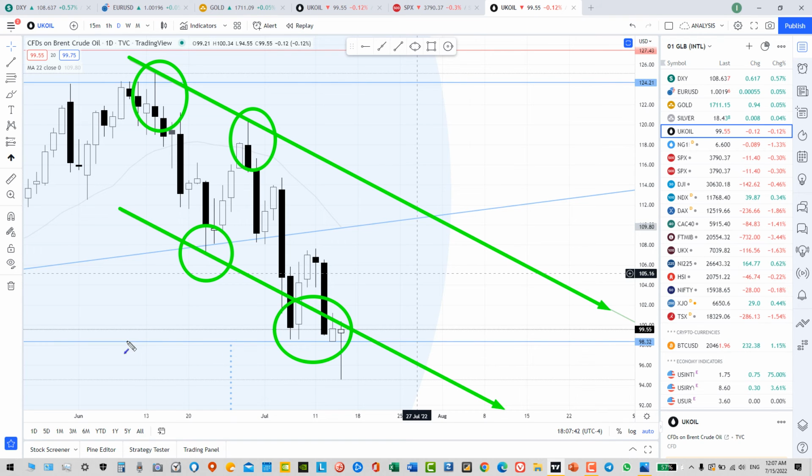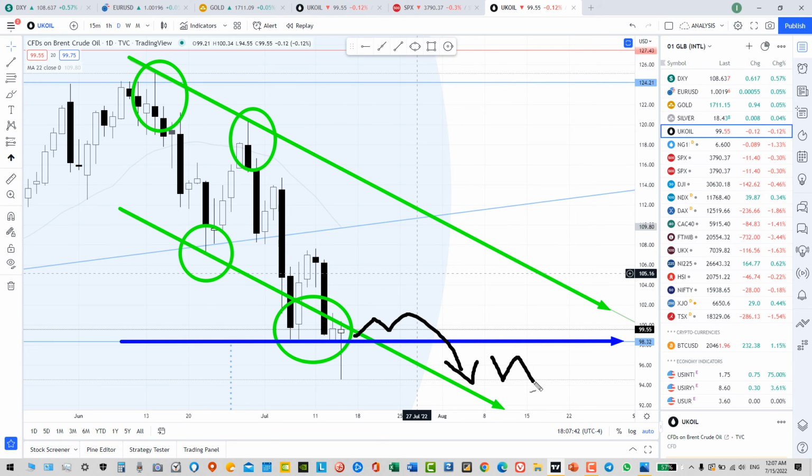As you can notice, here is the neckline of the expected double top, and any break, as we said, is negative. A closing on a daily or weekly basis means more negativity. Two weeks close is a confirmed signal to the downside.